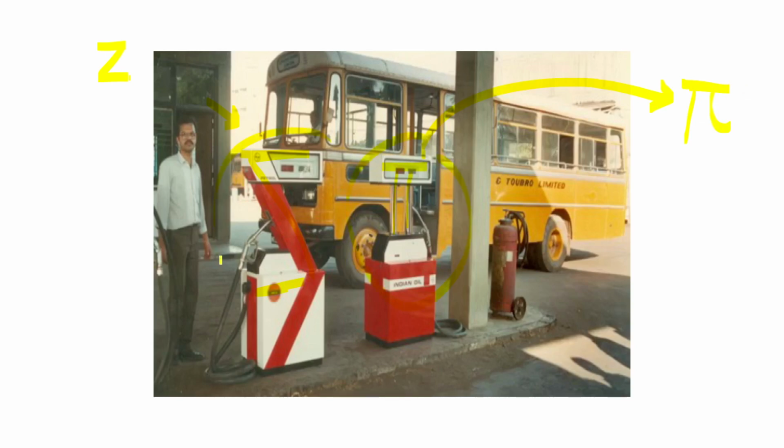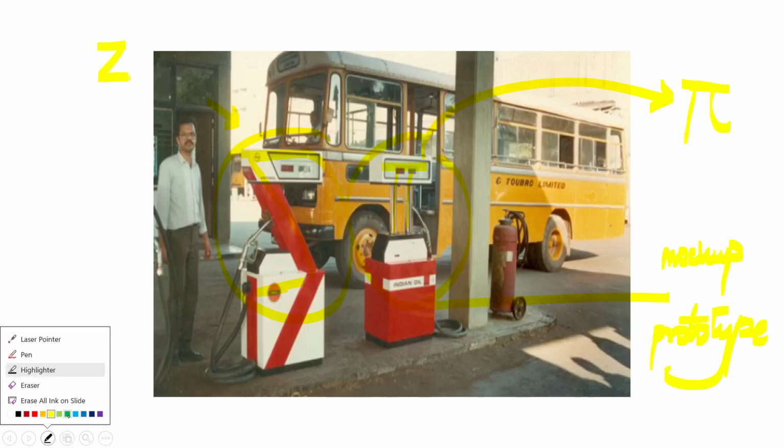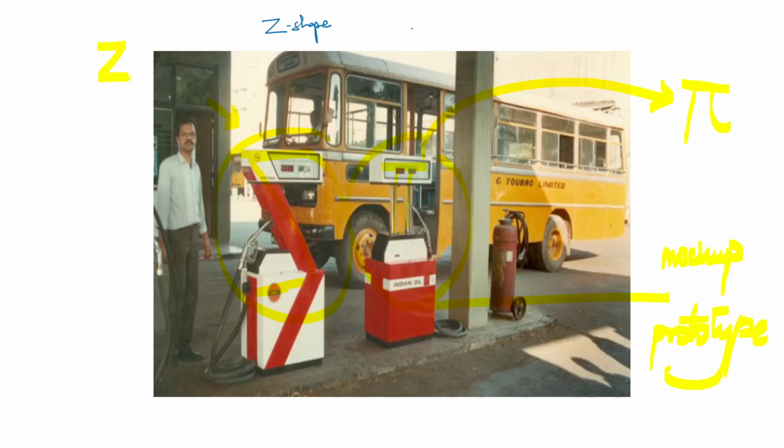So these are the two shapes that were presented, first in the form of a mock-up, and then a prototype was presented where the feedback was given, it was placed to understand how it fits in the context, right? So you've got Z shape, you have got pie shape, right? These two ones.